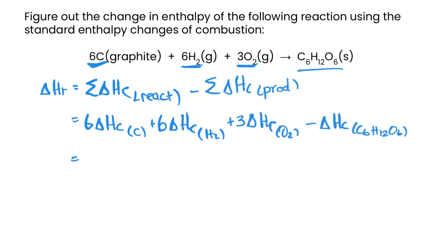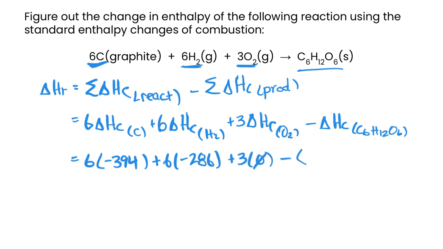Now, there are lots of data tables available for you to look up these values. There is a data table in the data booklet that you can use, so I've pulled the values from there. For carbon, it's negative 394. For hydrogen, it's negative 286. Remembering oxygen is 0.